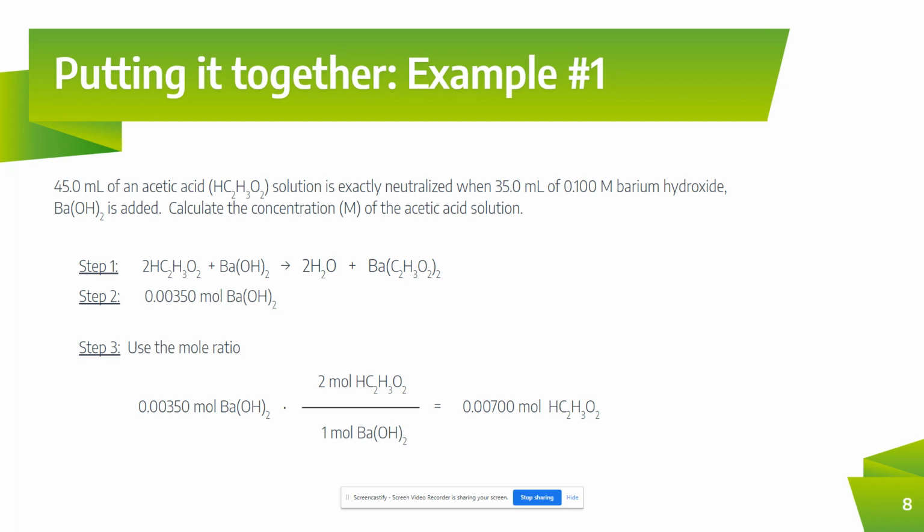And then we look at the coefficients to determine the mole ratio between barium hydroxide and acetic acid. Based on the coefficients, you can see that there are 2 moles of acetic acid for every 1 mole of barium hydroxide. When you multiply by that conversion factor, you get that you would need 0.00700 moles of acetic acid for this neutralization reaction.